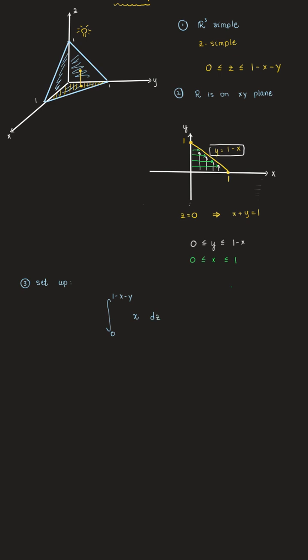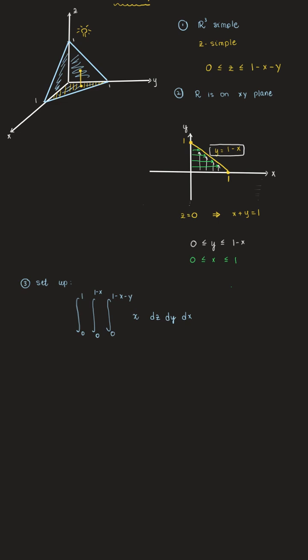There's our inside integral. Our middle integral goes for y from 0 to 1 minus x, and then we have a dy, and our outermost integral is the integral from 0 to 1, and we have dx. So there is our triple integral.